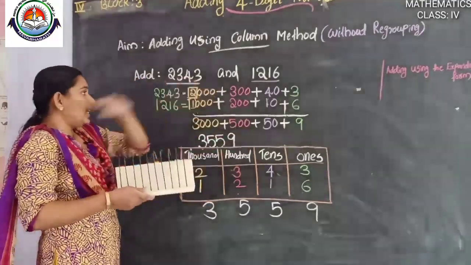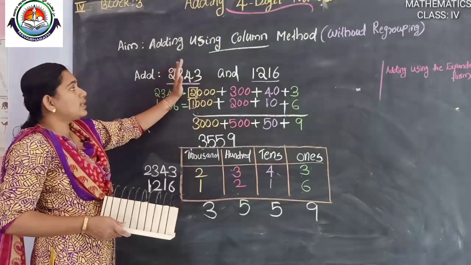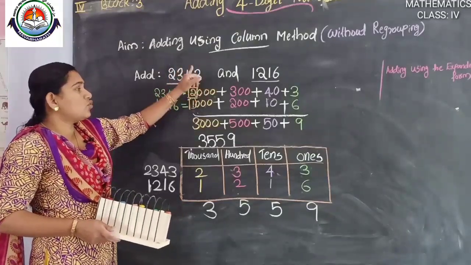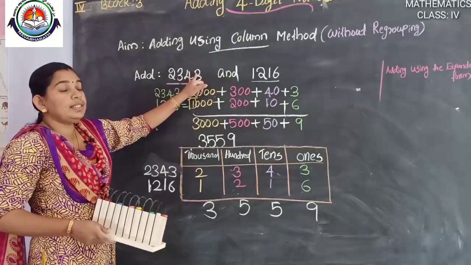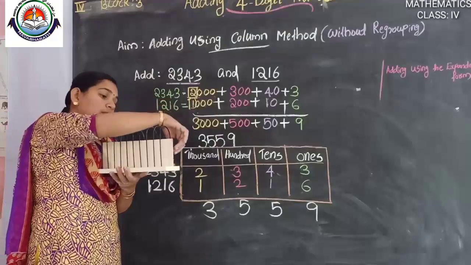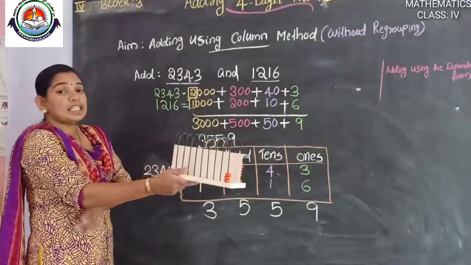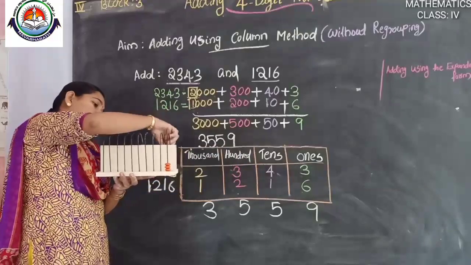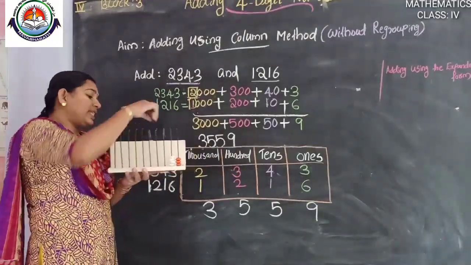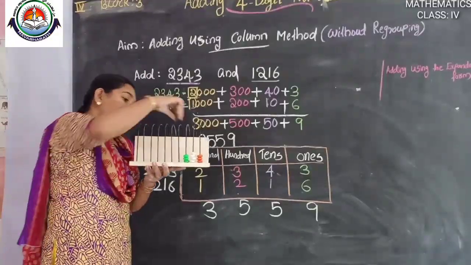So we will place each number. First is 2343. In this case, 3 is in the ones place. So how many beads do we want to put here? Put 3 beads. Okay. Then tens place, 4 beads. 100 place, 3 beads. Then 1000 place, 2.